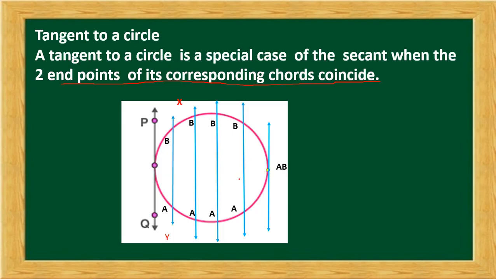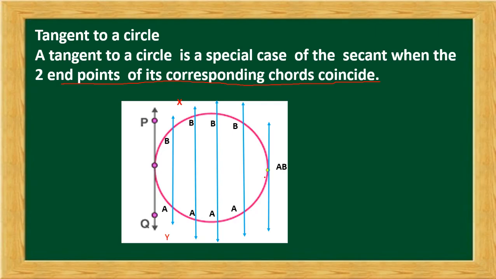Now here these two corresponding points A and B coincide at a point. So this point is the point of contact. Now again, all these are secant lines drawn parallel to one another.